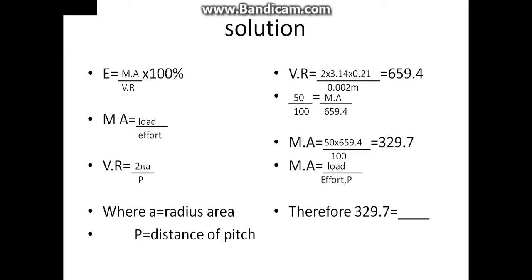But mechanical advantage is still equal to load over effort P. Therefore, our mechanical advantage, 329.7, is equal to the load, 8,800, all over the effort, which is not known. Making the effort the subject of the formula, we now have 8,800 over 329.7, which will give us our effort to be 26.7 Newton.